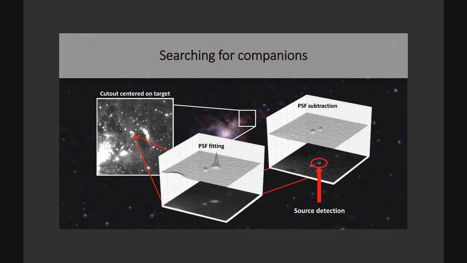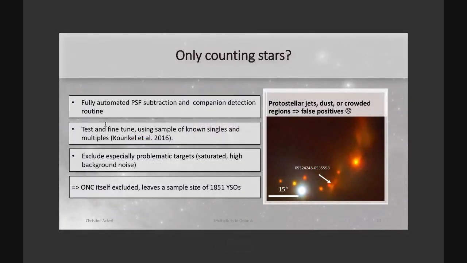So this seems very easy, basically just counting stars, but of course it brings a lot of problems with it. First of all, due to the large sample size, it's nearly impossible to do visual examination. So we have to invent a fully automated PSF subtraction and companion detection routine, and also make sure that it doesn't detect any false positives. We did this by using a test sample by Marina Kunkel et al.